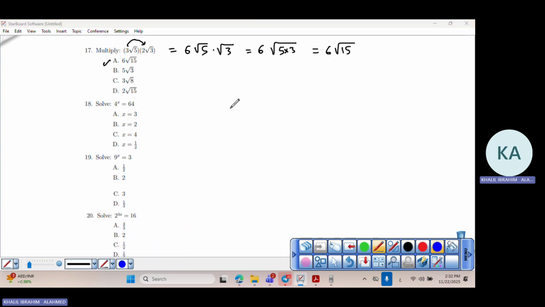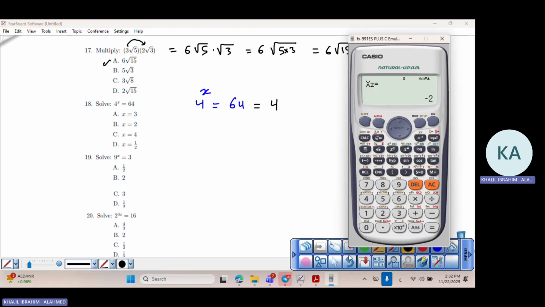Okay, question 18. How to solve this? This is an exponential equation: 4 to power x equals 64. Now I will look for two numbers with the same base. 4, how to write 64?